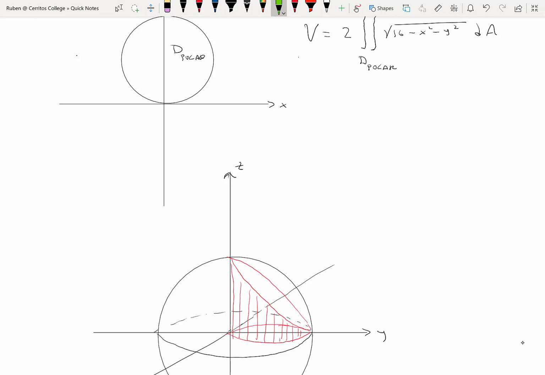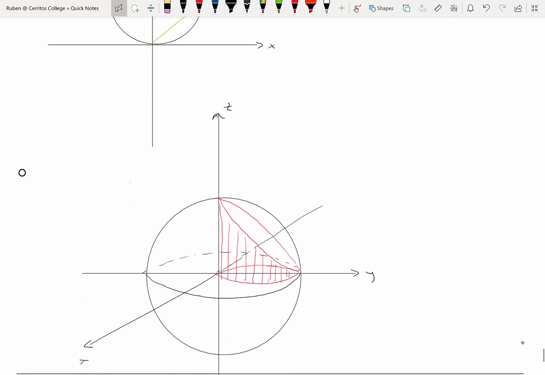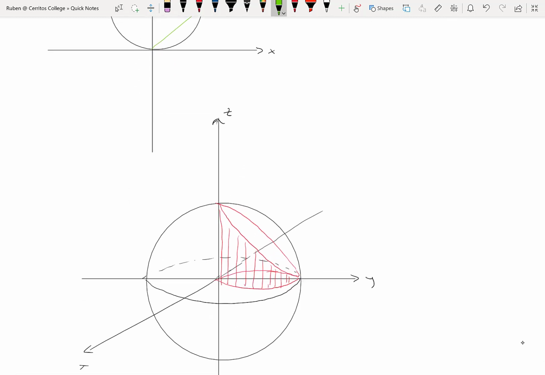Draw a little green line through our projection in the xy plane. If I draw it in 3-space, it will look about like that.